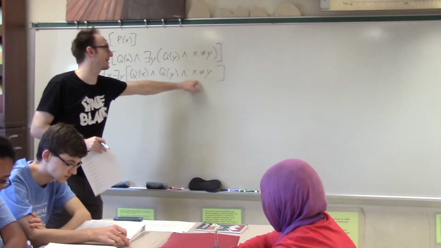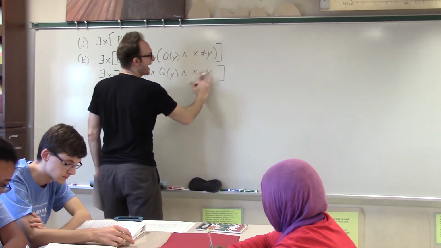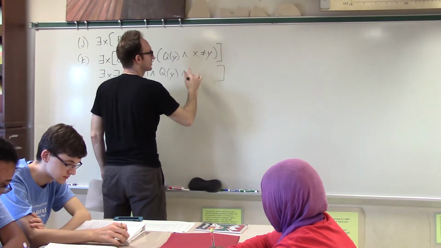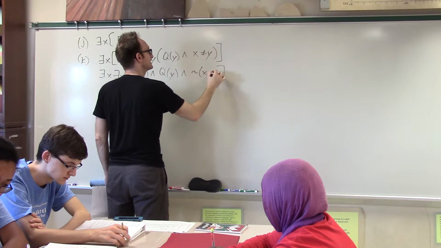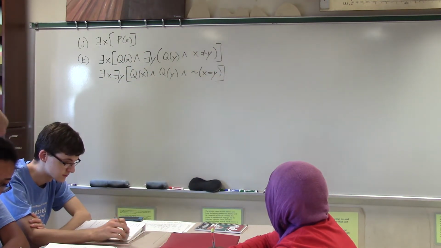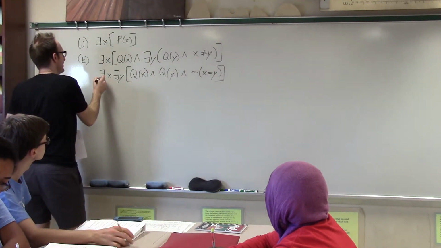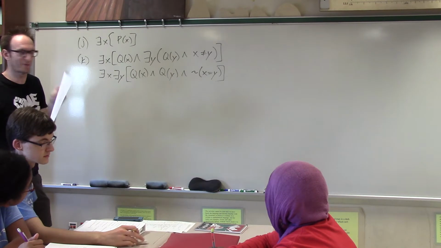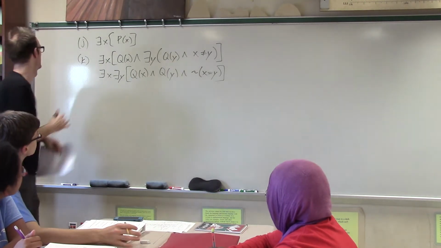This not-equals is really just shorthand for it's not the case that x equals y, but everyone just uses not-equals. That's why we want equality built into predicate logic: it's a very powerful way of forcing two variables to refer to different things. All right, are we good? All right, good.